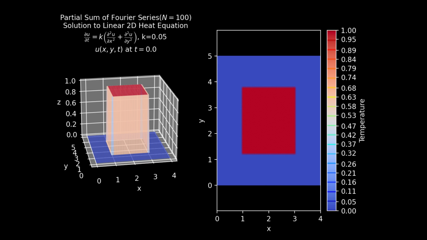Specifically, the temperature in the blue region is 0, and the temperature in the red region here is 1. On the right-hand side, I just have a density plot of the temperature. On the left-hand side, I have a graph plot, so a graph of this function of two variables. And you can see very clearly that it's 0 outside of this little square, and its temperature is 1 here.